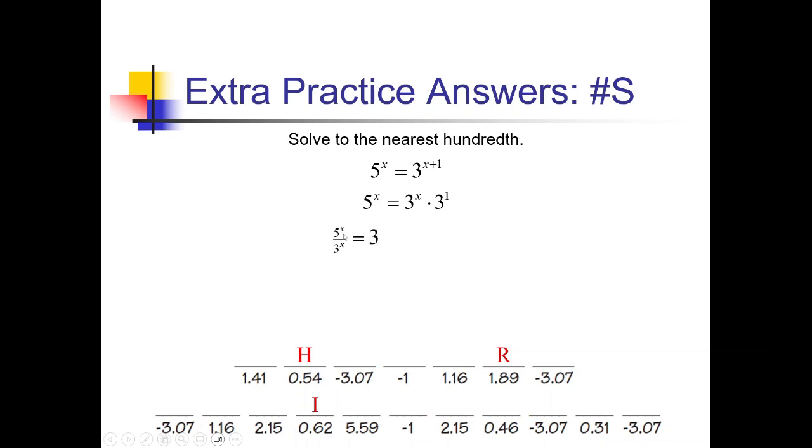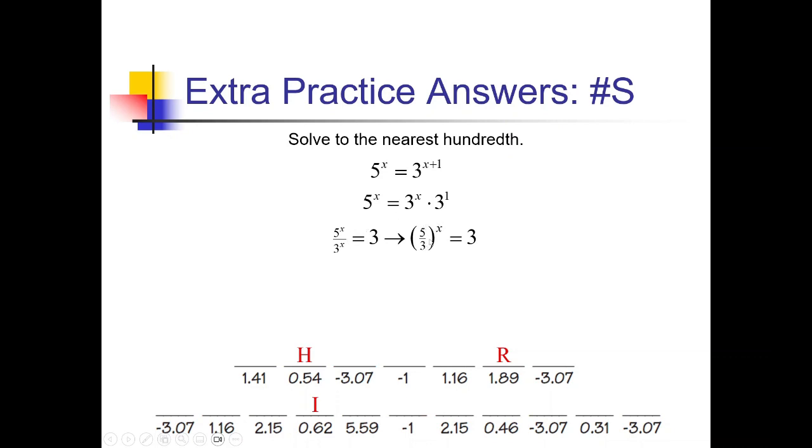Now, the reason I've done this is if I have division with the same exponent, I can actually unexponentiate that and turn that into 5 over 3, all of that just raised to the x power. Because with exponent rules, if you're raising a fraction to a power, the numerator and denominator are both getting raised to that power.